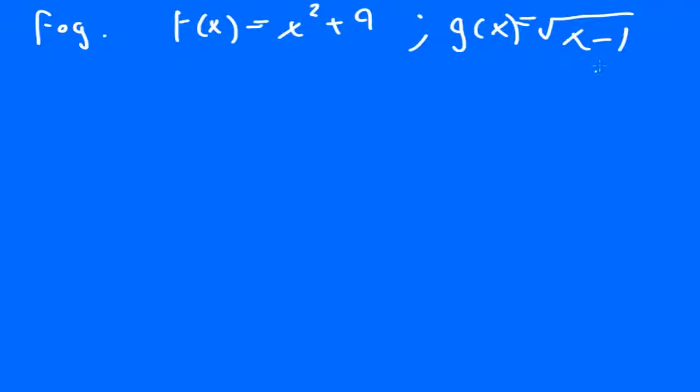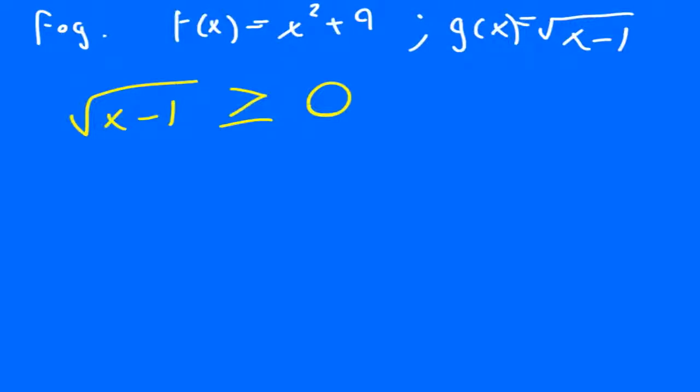Well, in order to find the domain of this function, we have to make it an inequality. So we have the square root of x minus 1, and we put a greater than or equal to sign, so greater than or equal to 0.